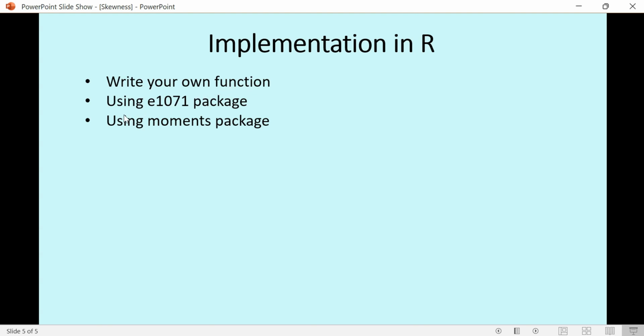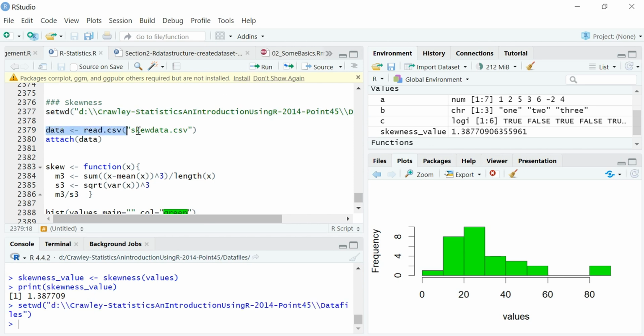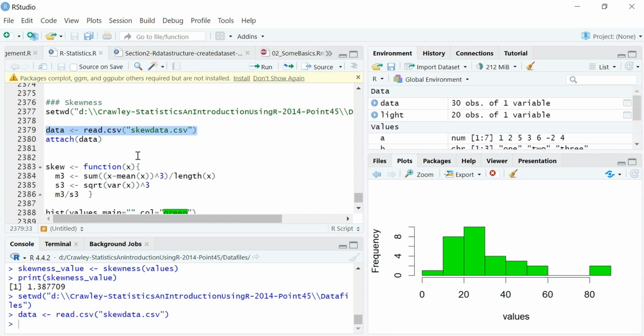The next is using the e1071 package, which has ready-made functions for skewness, and similarly we can use a function from the moments package. These two packages have to be installed first. Next we go to RStudio. We load the data, set the working directory, and read the data.